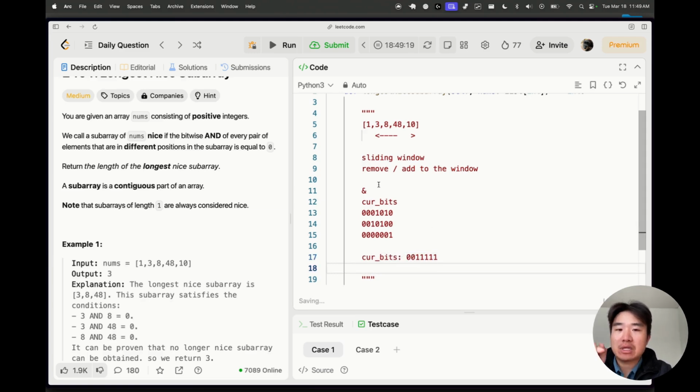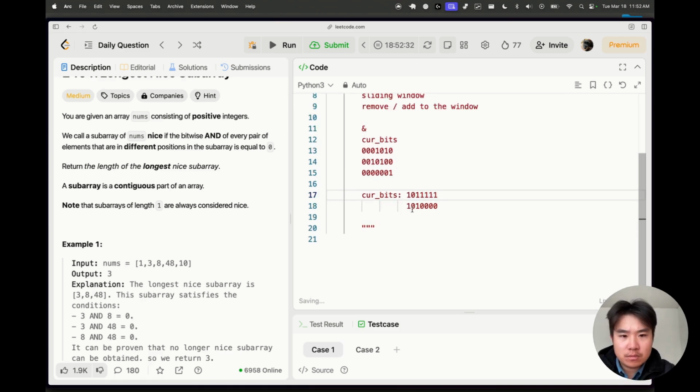And then every single time we want to add the right to the new window, we want to check. Okay, maybe if this was our current bits and this was our left and we want to remove it, so we want to remove 1010000 from the cur bits because we're about to shift left over. Then we can XOR this.